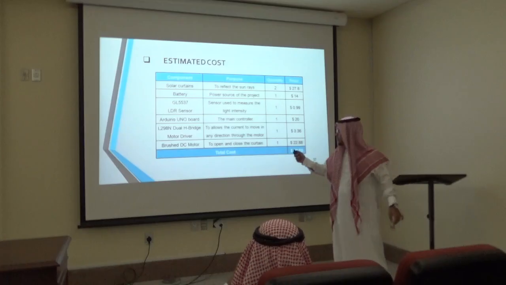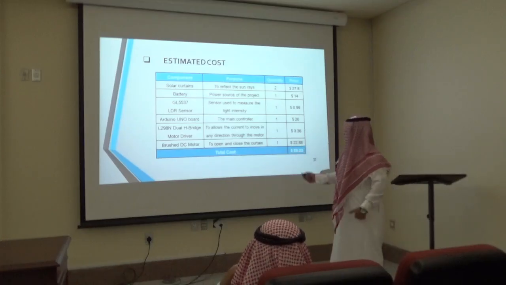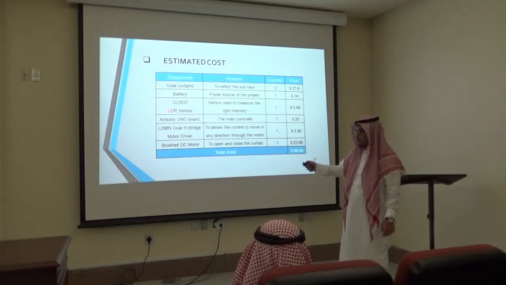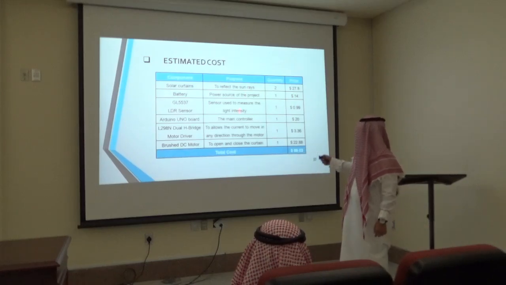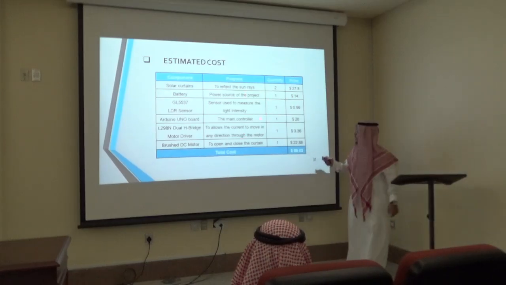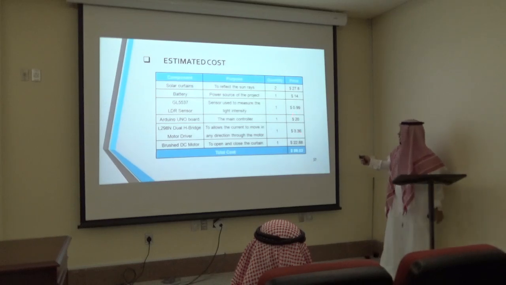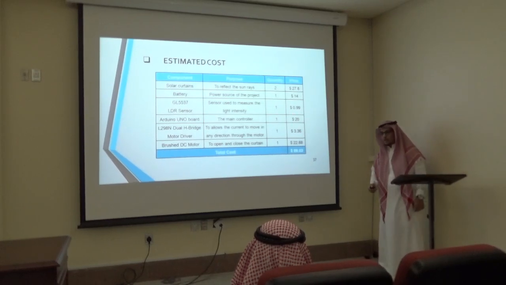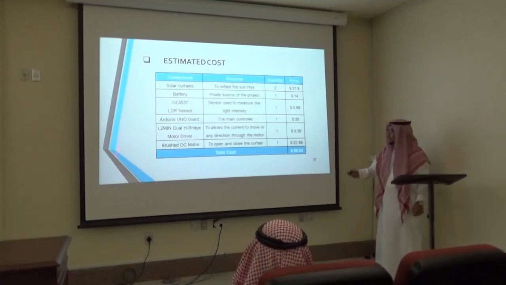This is the estimated cost for our baseline design. The table shows the main components for our project, their purpose, the quantity we need, and the price. The price is shown in dollars because we used online markets such as Amazon or eBay.com.